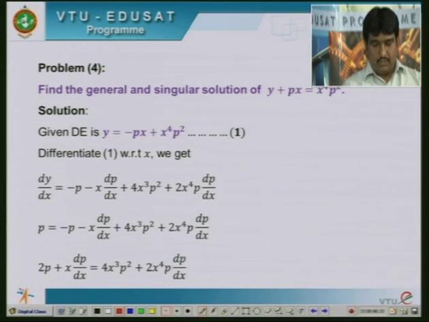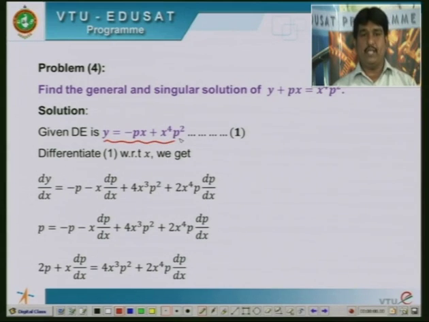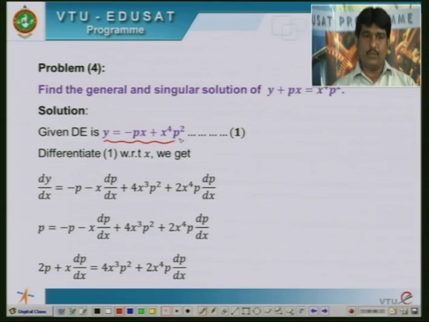In this case, y is y equals minus px plus x to the power of 4 into p square.